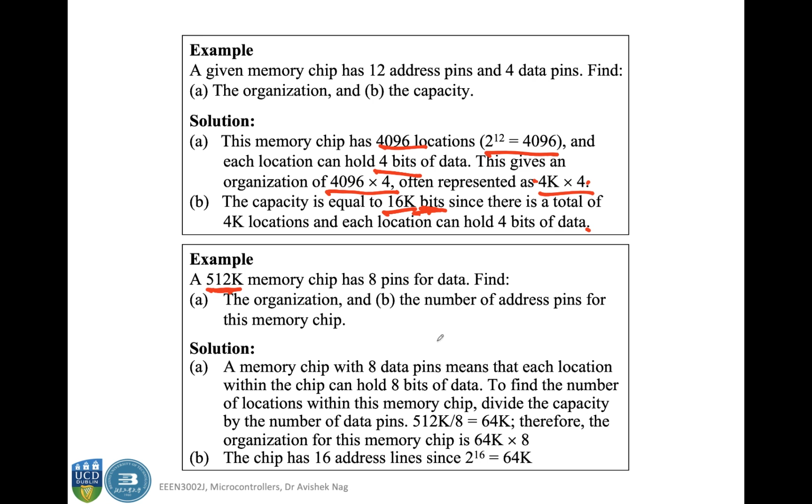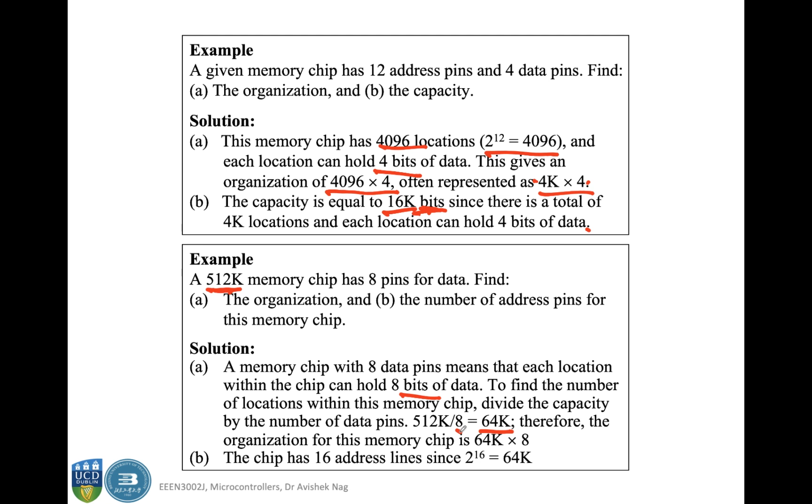It has 8 data pins, which means that each location within the chip can hold 8 bits of data. That part is fine, but to find the number of locations within this memory chip, you have to divide the capacity by the number of data pins. So this is 64k. Because in the previous example, 4k times 4 gave you the capacity as 16k, where 4 was the number of data bits.